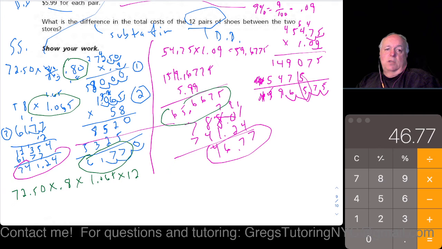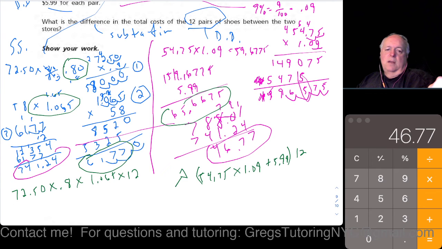We could have also done something slightly similar in the Fuchsia version. It's not as clean because we had the 54.75 times the 1.09, right? But the problem is there's no other multiplication because we have to add the 5.99 to it. Okay, so this is basically our formula here for this shoe. But we could have done the distributive property.